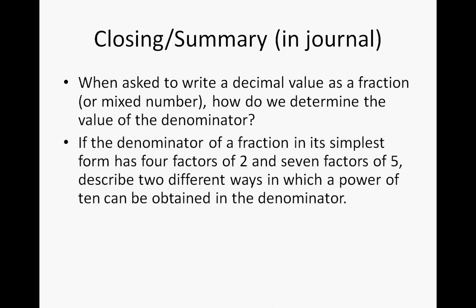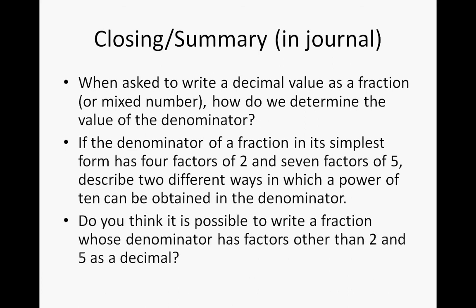The second thing is, if a denominator of a fraction in its simplest form has 4 factors of 2 and 7 factors of 5, describe 2 different ways in which a power of 10 can be obtained in the denominator. So we've only got 2's and 5's, describe 2 different ways where you can get a power of 10 in the denominator.